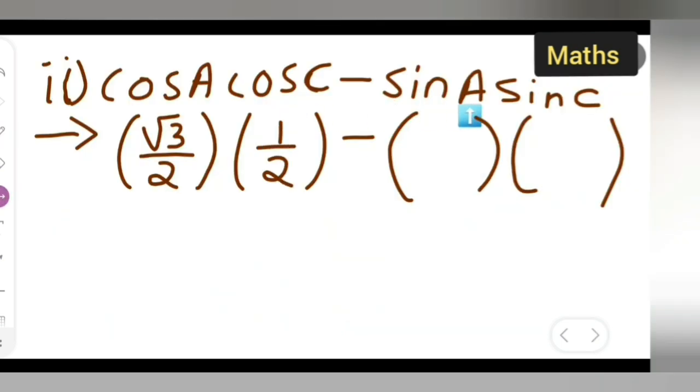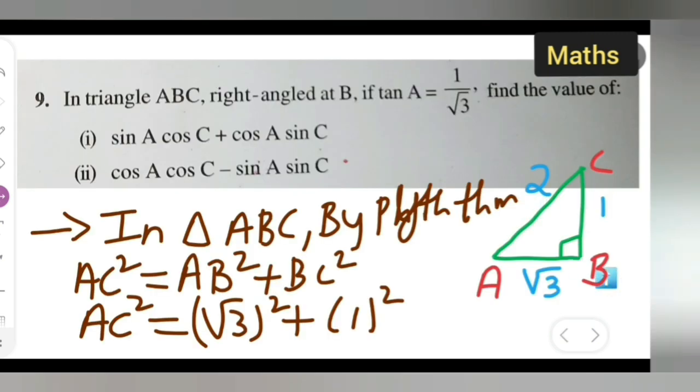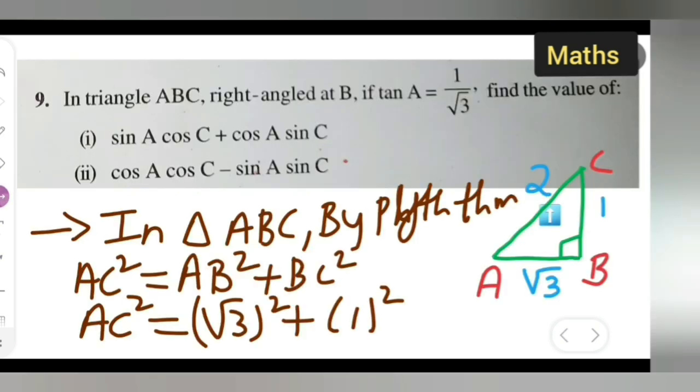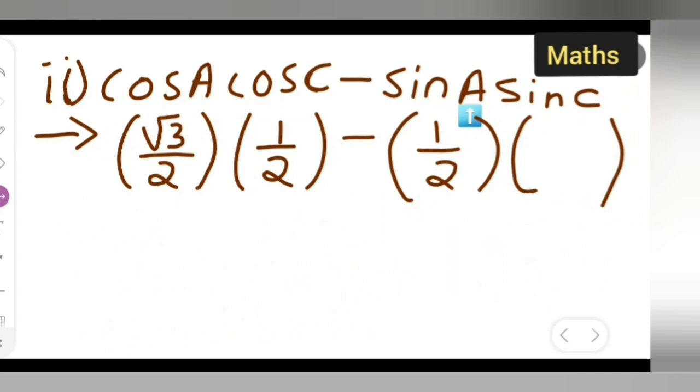Next what we have is sin A. So sin A means opposite, this will be 1 upon 2. So write down 1 upon 2, and sin C will be opposite, so root 3 upon 2.